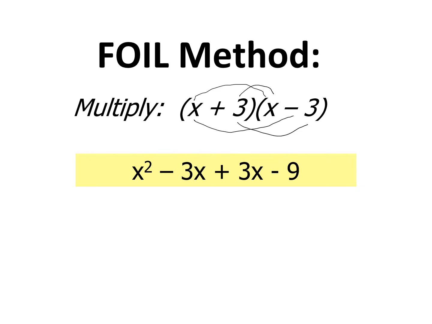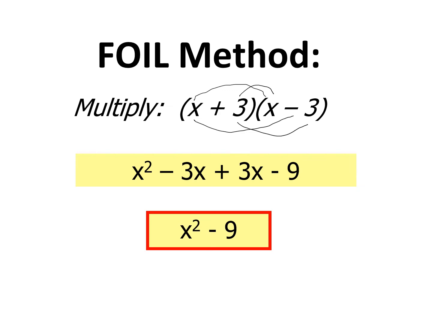Now we have here x squared minus 3x plus 3x minus 9. But take note that negative 3x and positive 3x are like terms. Okay? And if we're going to simplify this, we will have x squared minus 9.